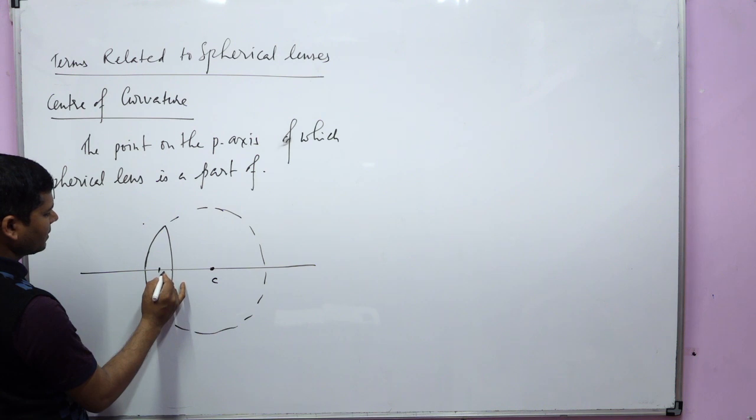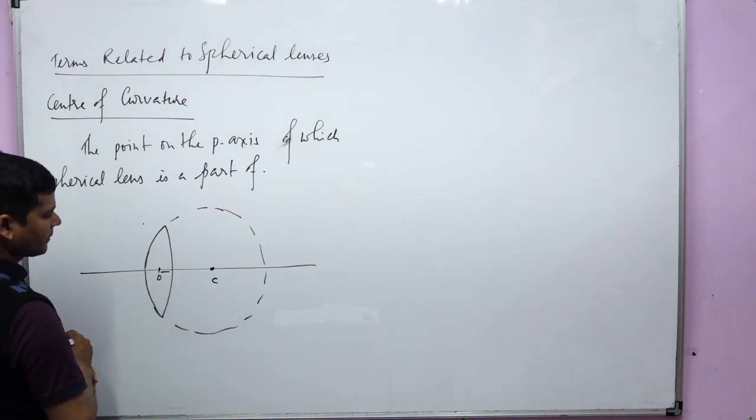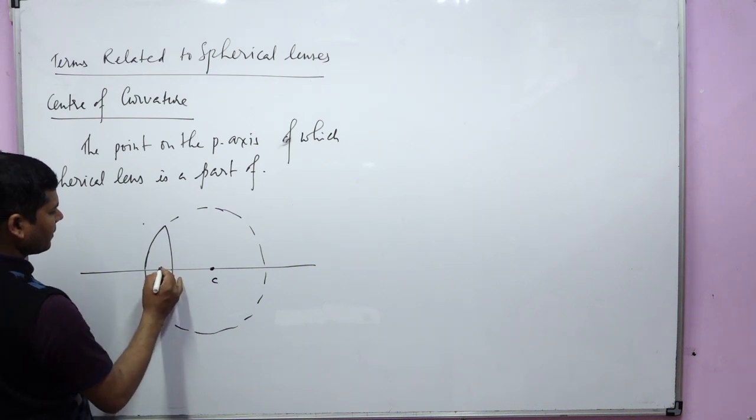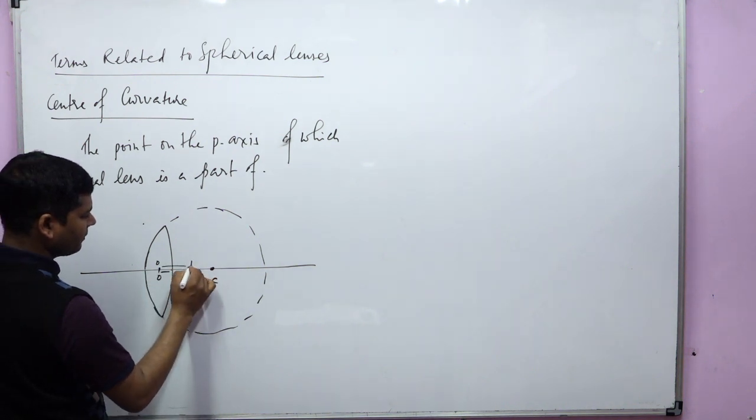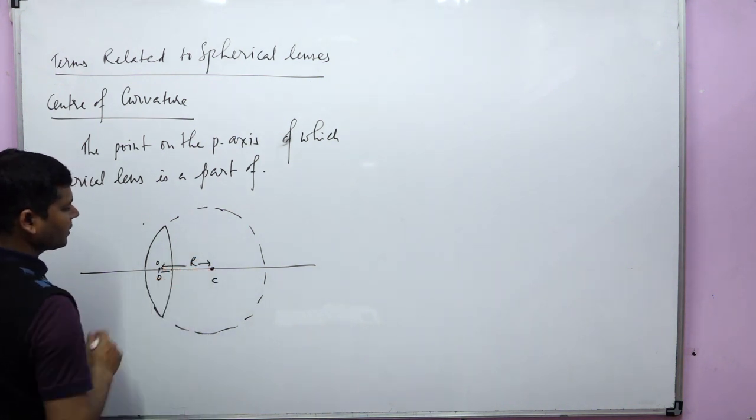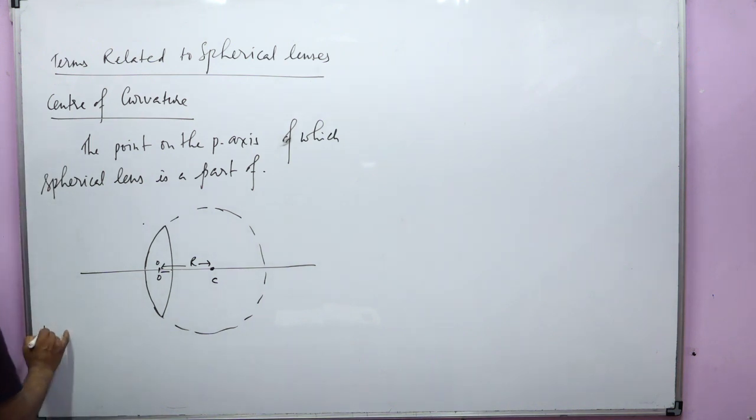This distance is negligible. So this is called optical center. Distance between O and C we call radius. So here we will call it radius of curvature.